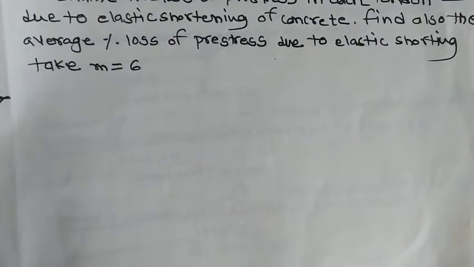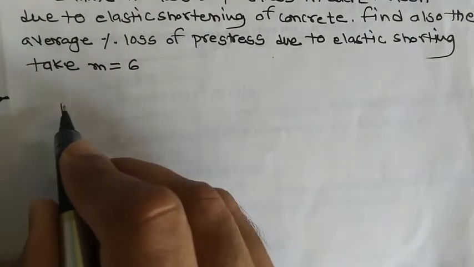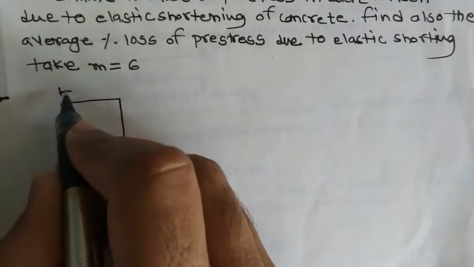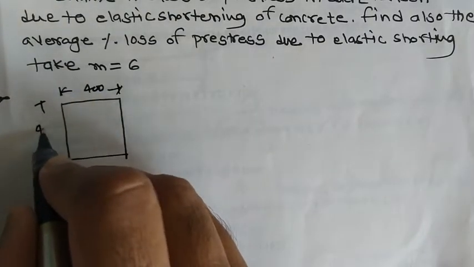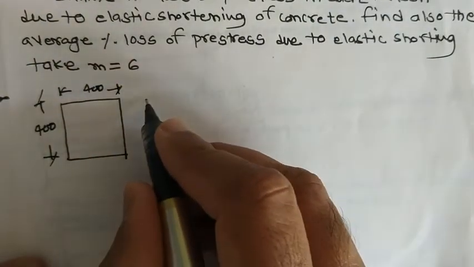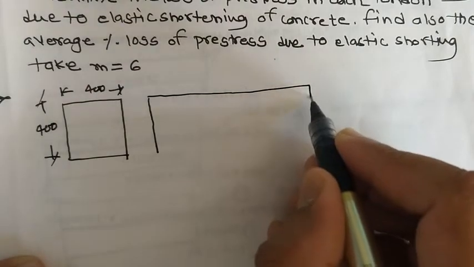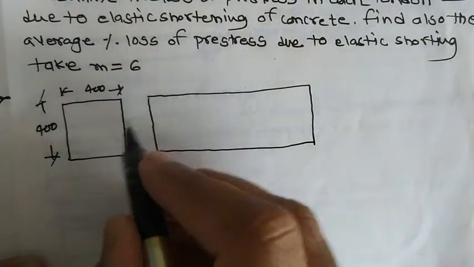Let's sketch the longitudinal and cross sectional view of the beam. The beam is 400 mm by 400 mm in cross section. The longitudinal section is like this.